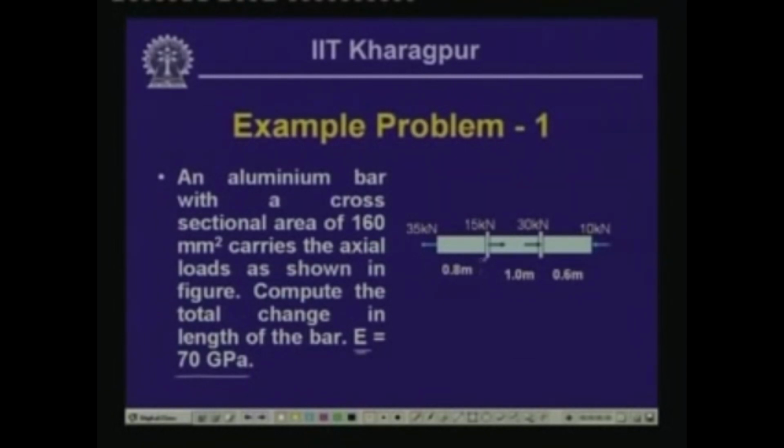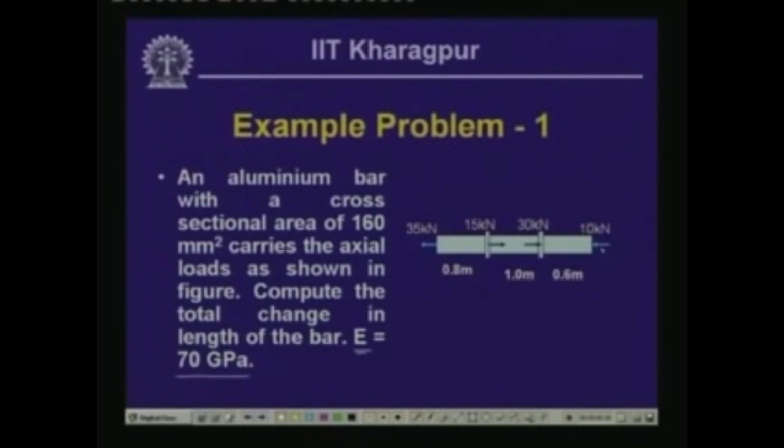Now, in this particular case also, since there are variations of the loads at different points, the first thing which should be checked is whether the applied loads keep the body in equilibrium or not. If we look into that, 35 kilonewton is acting in the negative x direction, 10 kilonewton is acting in the negative x direction.